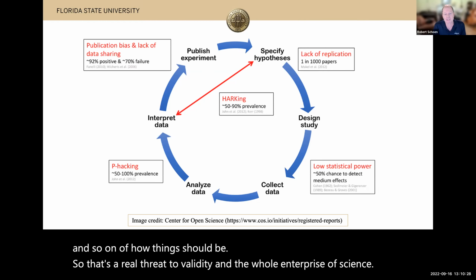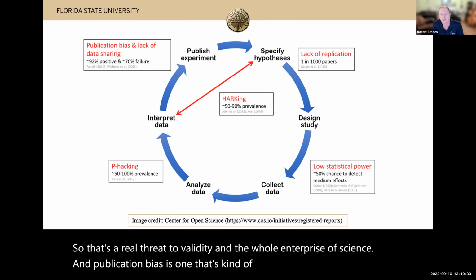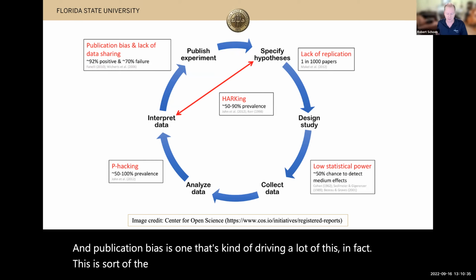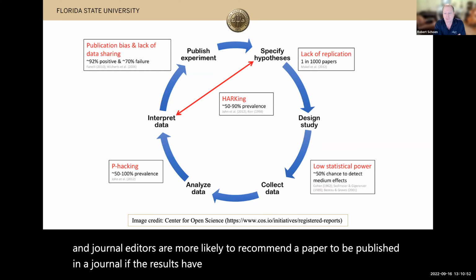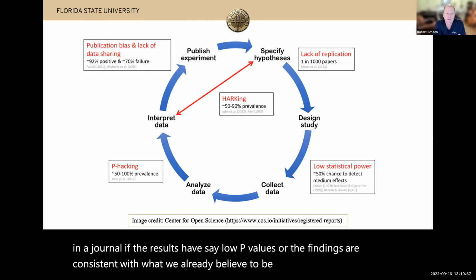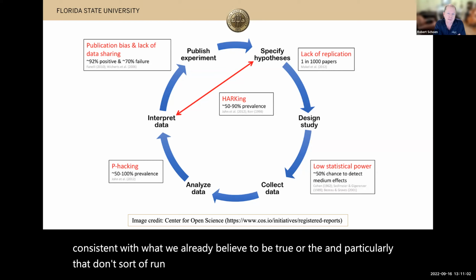And publication bias is one that's driving a lot of this. In fact, this is the known phenomenon that peer reviewers and journal editors are more likely to recommend a paper to be published in a journal if the results have, say, low p-values, or the findings are consistent with what we already believe to be true, and particularly that don't run counter or against the grain to that.